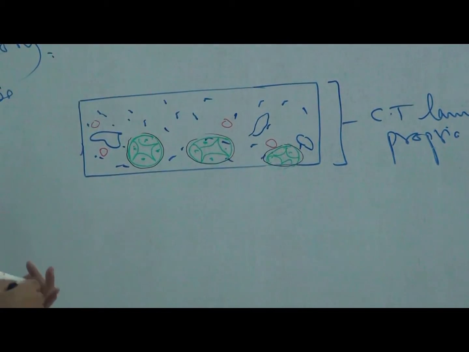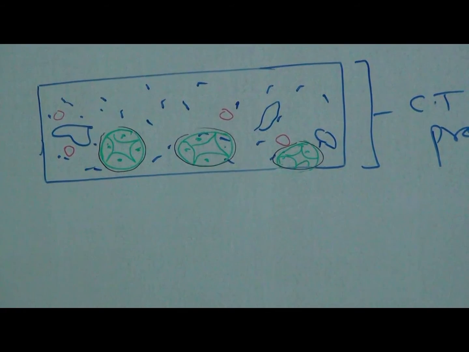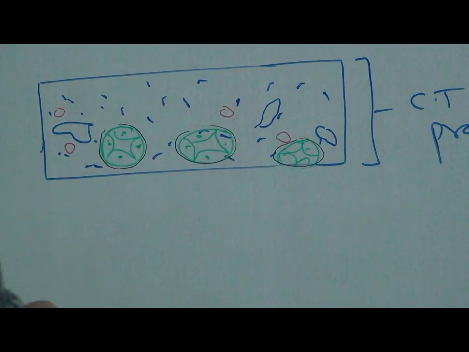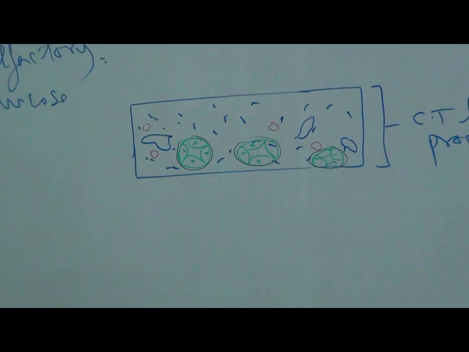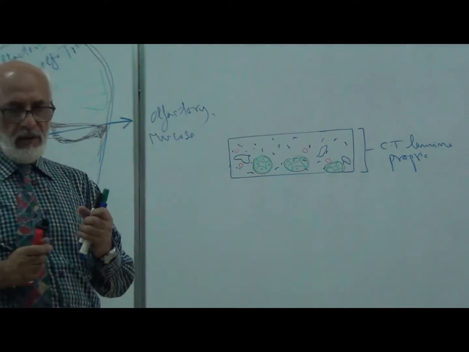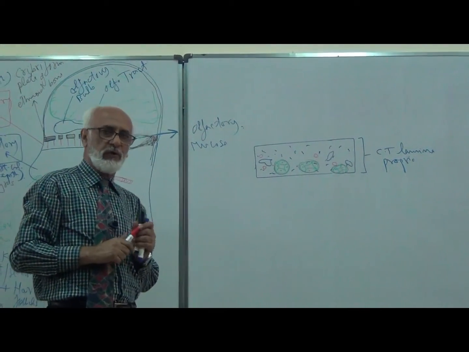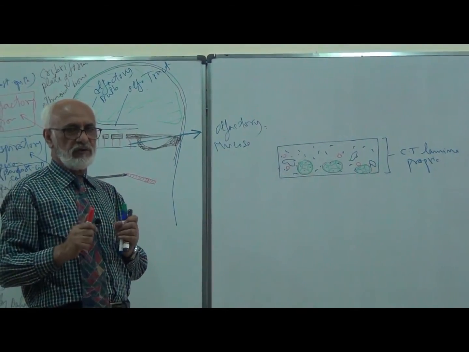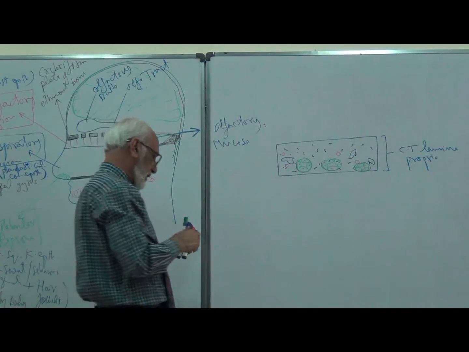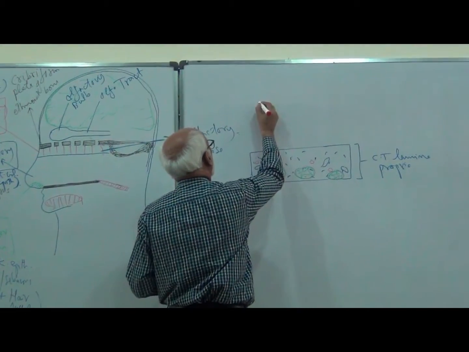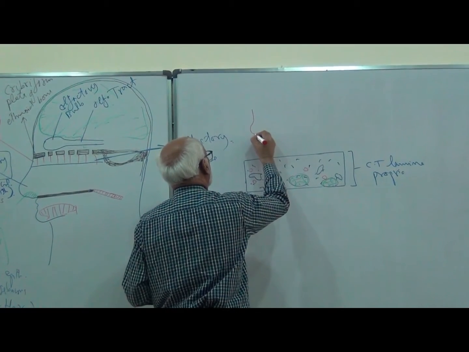Above this is the olfactory mucosa. It comprises three types of cells: the olfactory neurons, the sustentacular cells, and the stem cells. Suppose these are olfactory neurons.